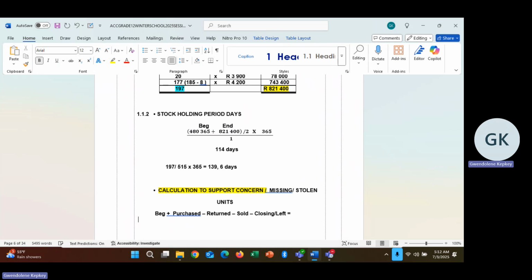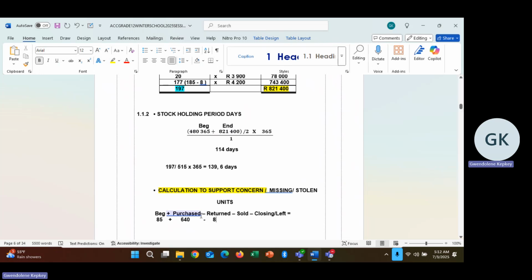So in the beginning, I have 85. I have purchased 640 items. I have returned, they were unhappy, and I have returned 8 items in total.